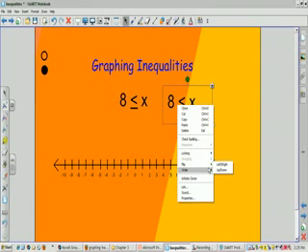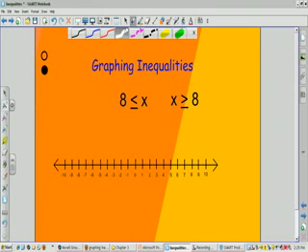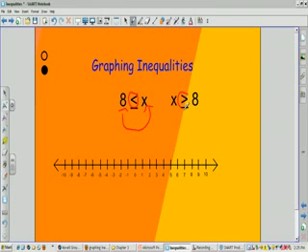Now, when I flip that over and rewrite it, I have x is greater than or equal to 8. So not only did we reverse where the number and the variable are, but I also had to reverse the sign, right? Everything's completely flipped around. You might find this way a little easier to read.